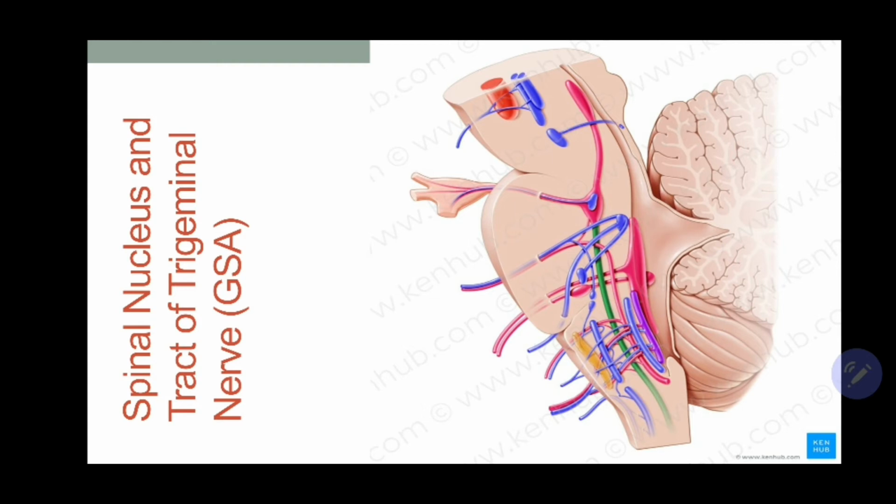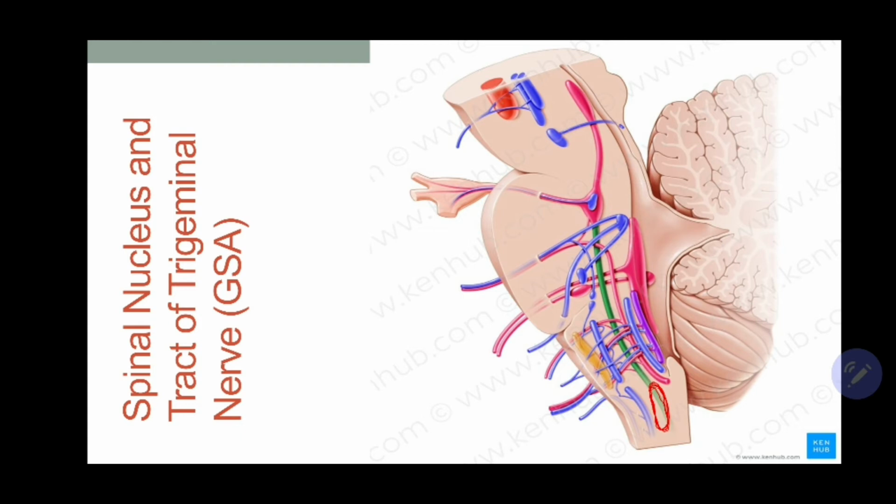If you trace this posterolateral sulcus, you will find the olives anteriorly, and posteriorly the inferior cerebellar peduncles. In the lateral portion there is a prominence on the side of the upper medulla, and that is called tuber cinereum.